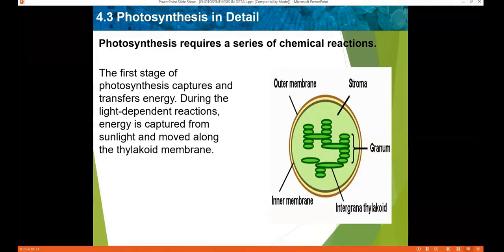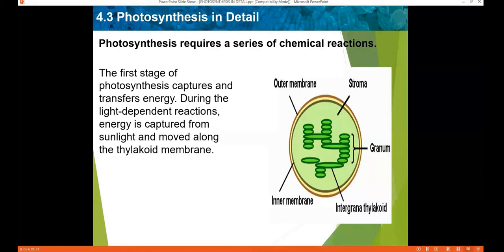So the key concept for this topic is photosynthesis. It requires a series of chemical reactions. Okay, the first stages of photosynthesis, they capture and transfer energy. So during the light-dependent reactions, energy is captured from sunlight and moved along the thylakoid membrane. So we discussed this already in chapter 4.2.